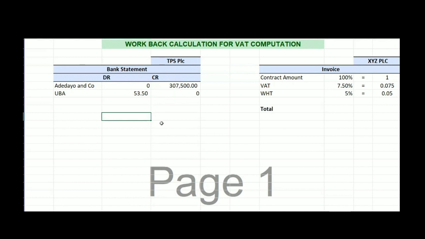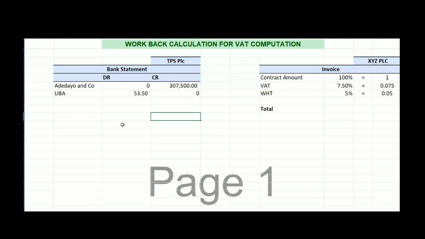So let's say, for example, they've withheld 5%, then calculating VAT on this amount directly will be wrong, because it means you're overpaying your VAT. Your VAT payable will be on the high side if you are just slamming the 7.5% on the amount that is coming directly on the invoice. So that's the whole essence of doing a work back to help us get the contract amount.